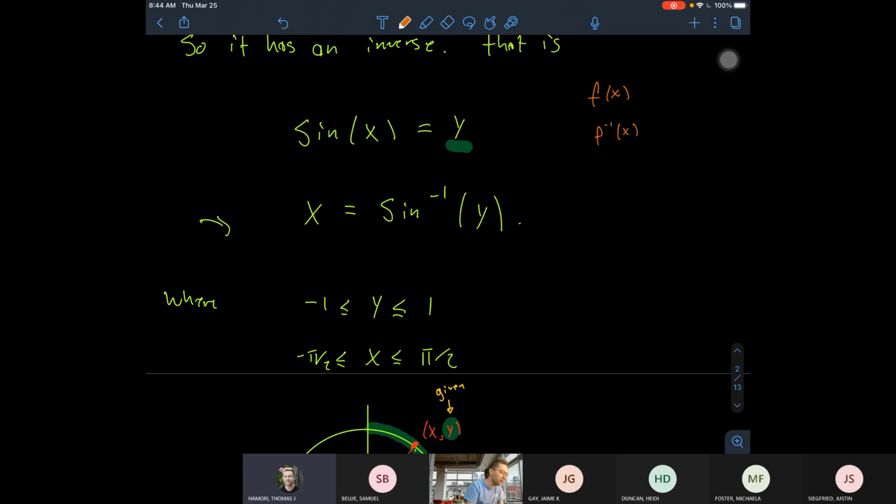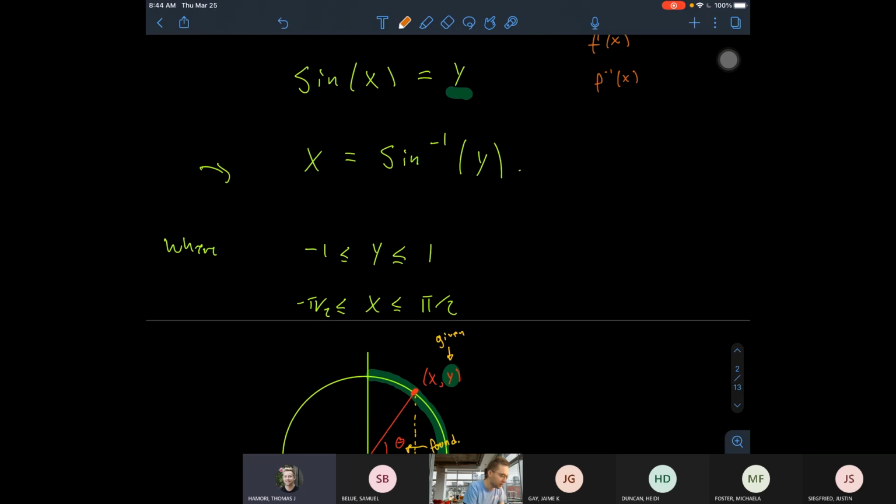It has the property that it takes as an input one of the possible outputs of the sine function. The sine function has a range from negative 1 to 1, so the sine inverse function will have a domain from negative 1 to 1.